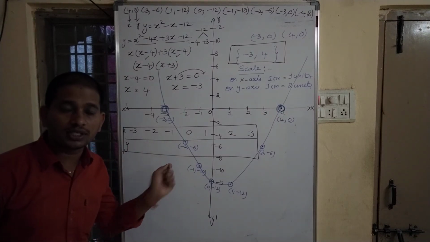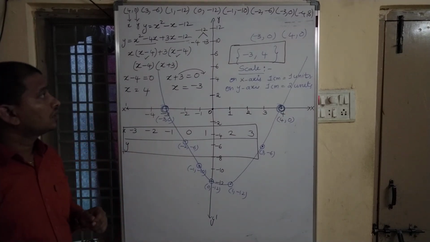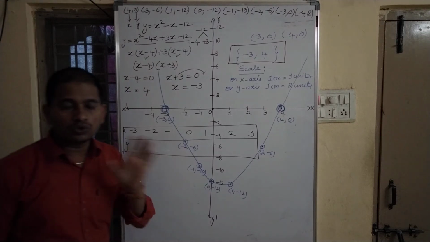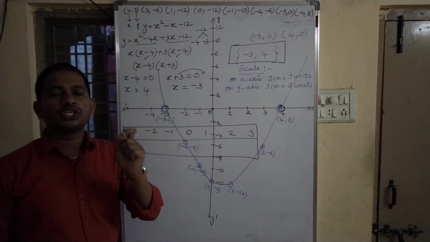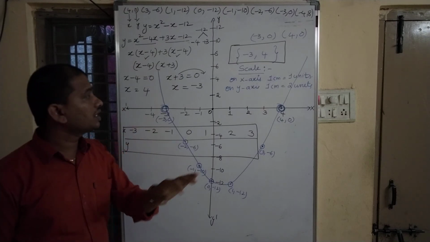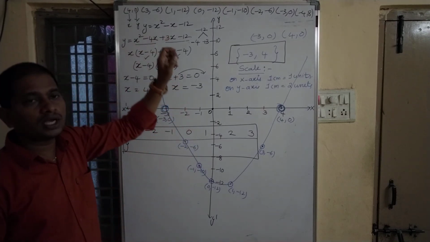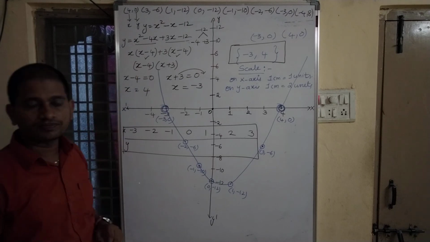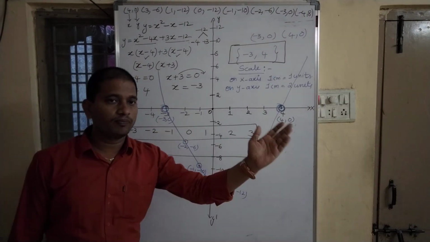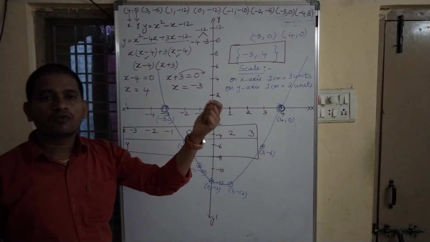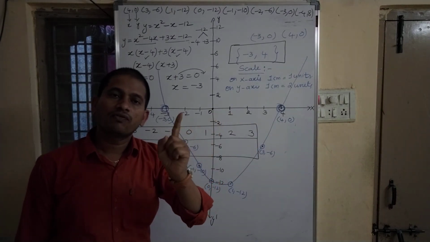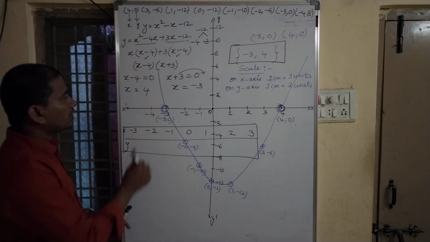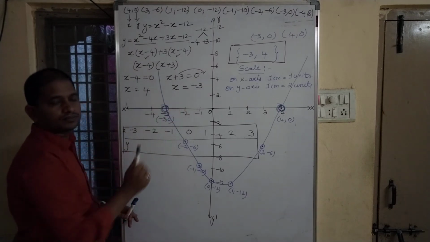What you have to do is, better, first verify the zeros of the polynomial using the factorization method in rough work, so that you will get the zeros of the polynomial.